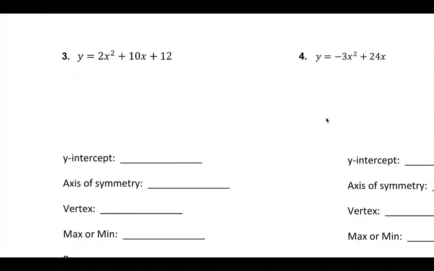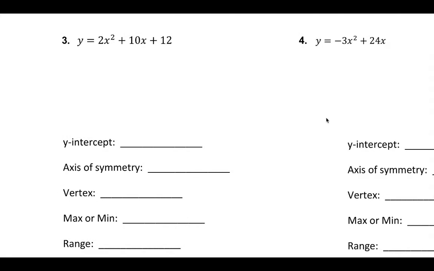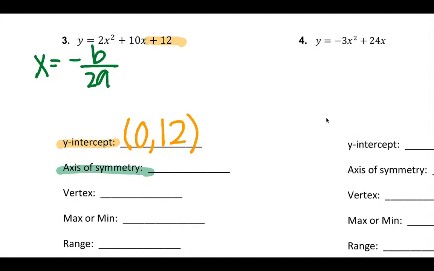So number 3, y-intercept. Again, I'm using this c term. I'm on the y-axis, so I'm not moving any on my x, so it's 0, and then I'm going up 12. That's my y-intercept. Axis of symmetry. I use the formula x equals negative b over 2a. In this case, I've got a is 2, and b is 10.